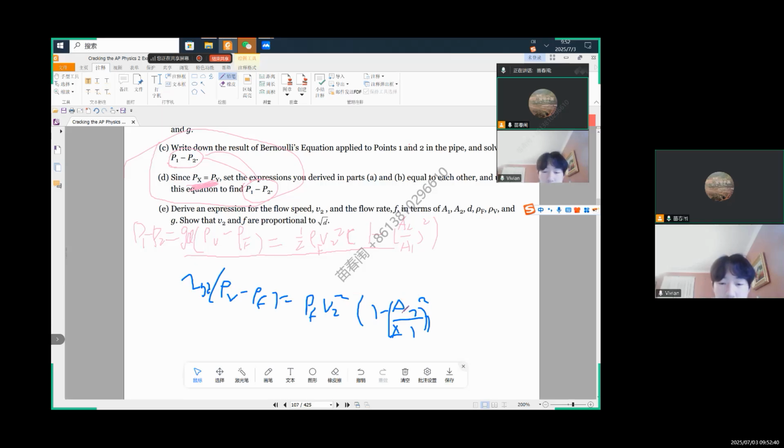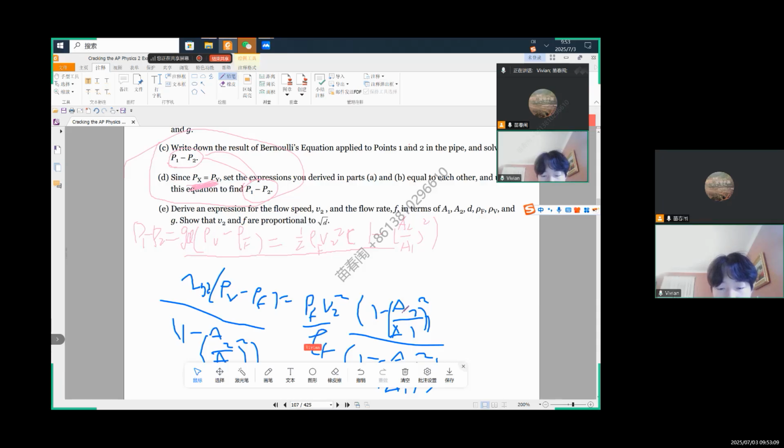Divided by 1 minus rho F. And square root of this, that's V2.